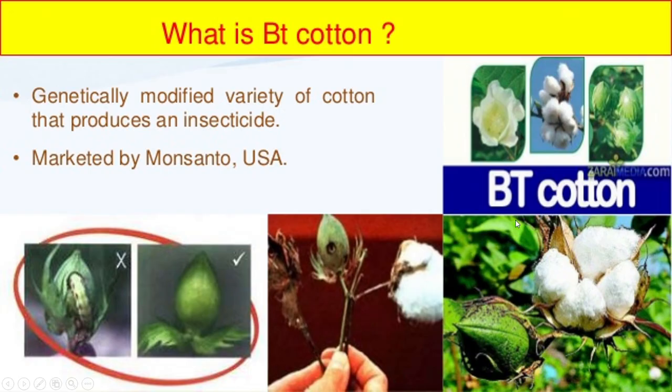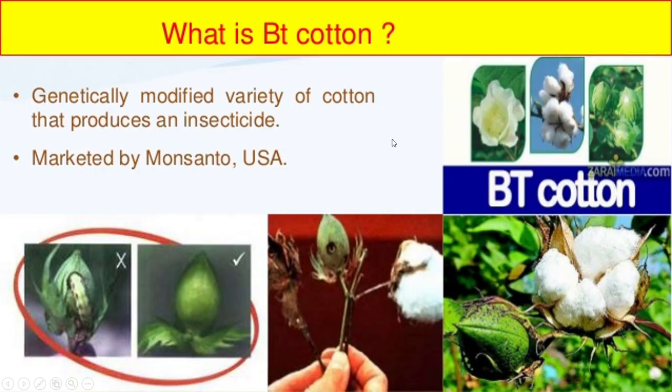So Bt cotton is one of the important ones. Bt cotton was the first insect resistant plant. Bt cotton is a genetically modified variety of cotton that produces an insecticide, and it was developed and marketed by Monsanto, a US company.